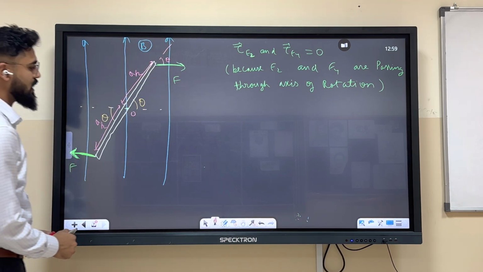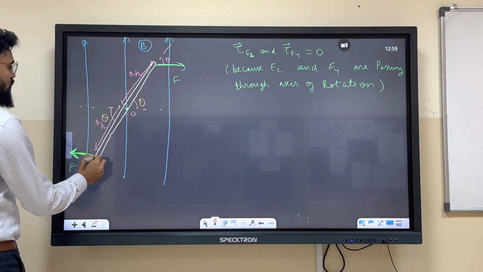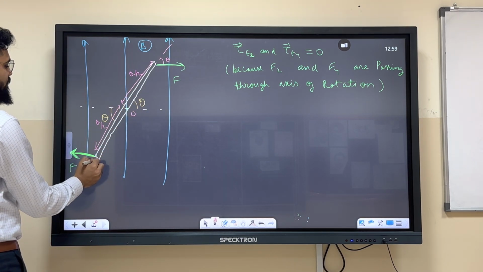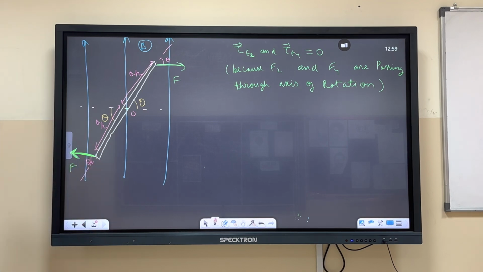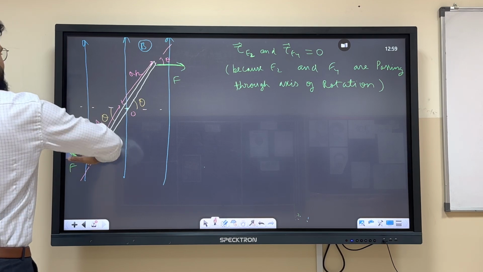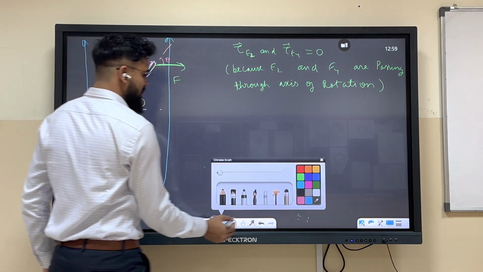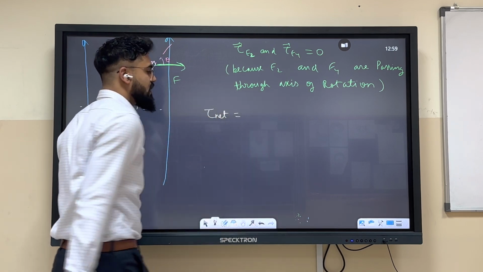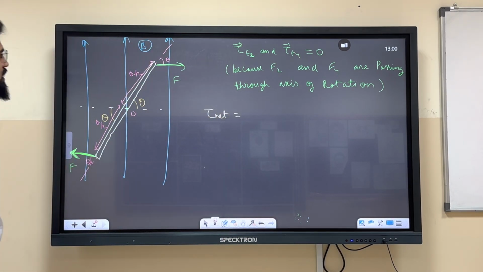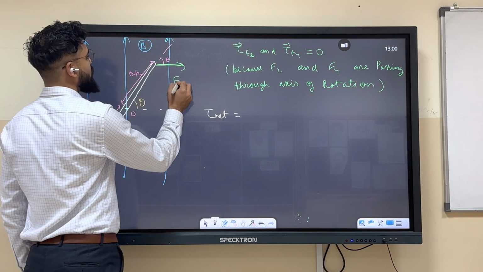Are you getting it? Similarly over here because of this guy, correct? If this is theta, this will also be theta, correct? So again the torque because of F cos theta is 0, F sin theta will be there. So can we write the net torque? This was which force?